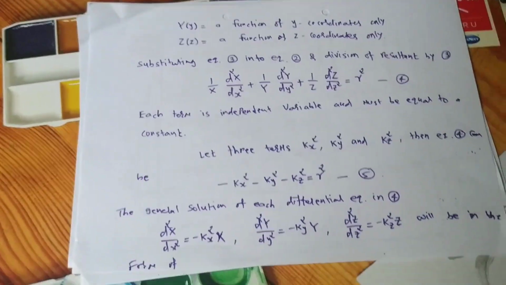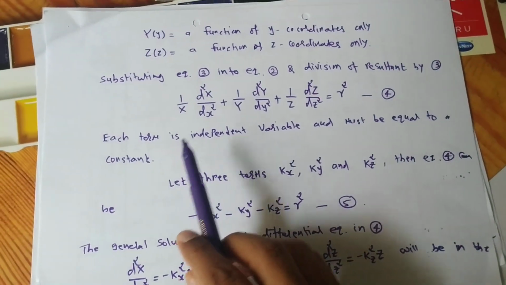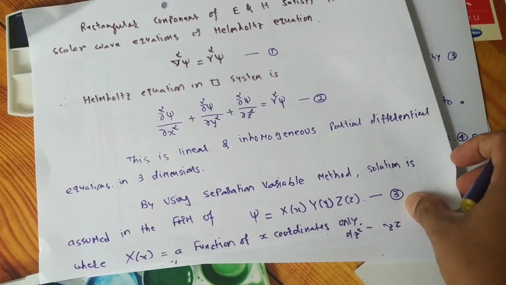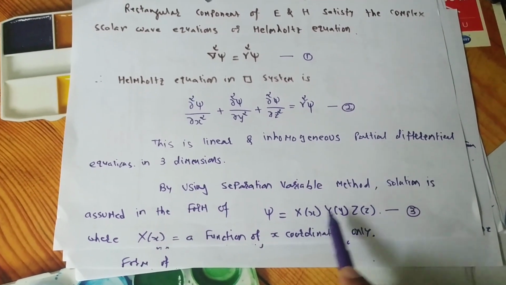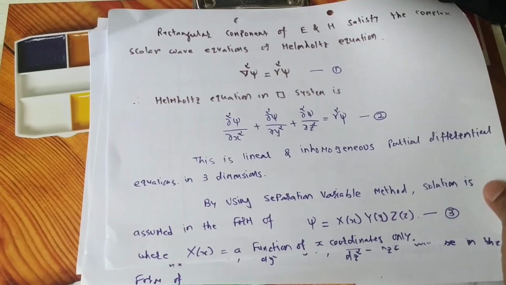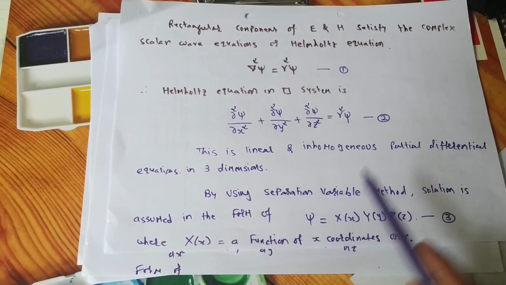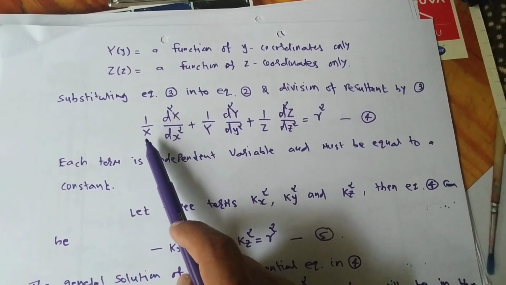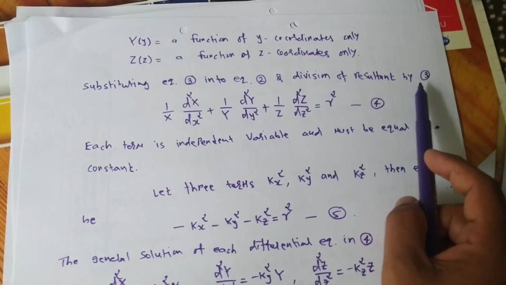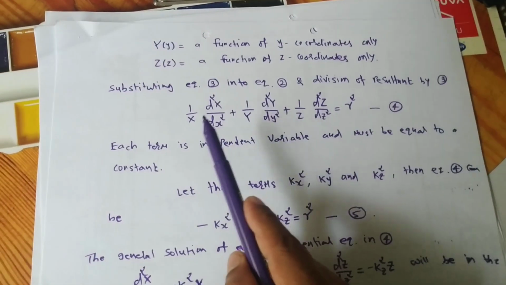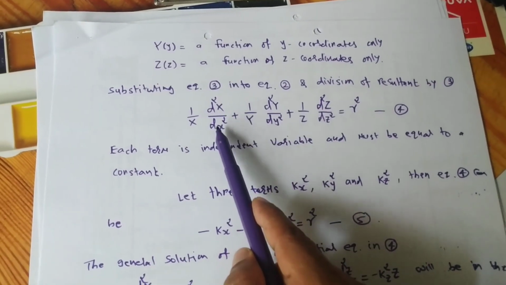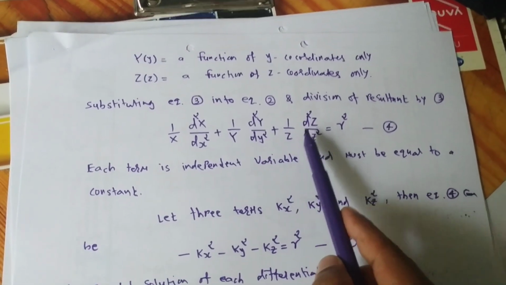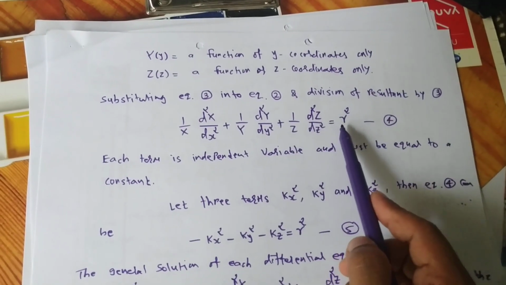Now, substituting equation 3 into equation 2 and dividing by equation 3, we get 1 over X d square X by dx square plus 1 over Y d square Y by dy square plus 1 over Z d square Z by dz square equal to gamma square.